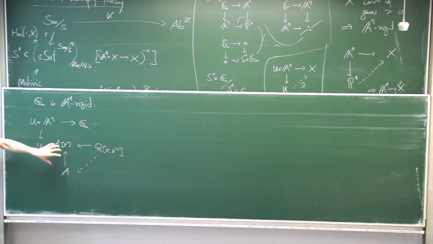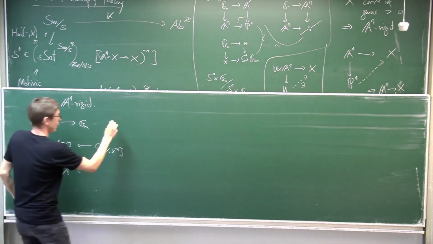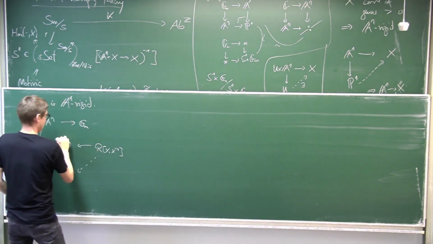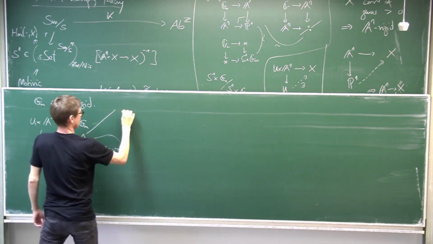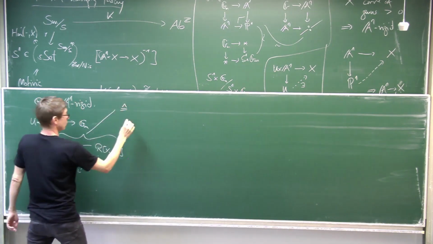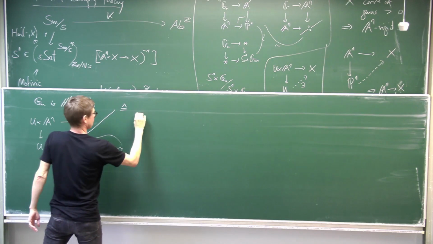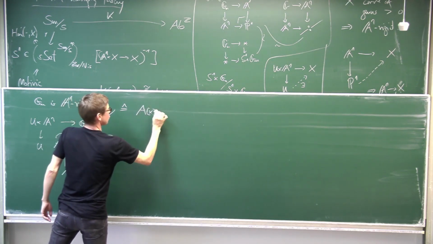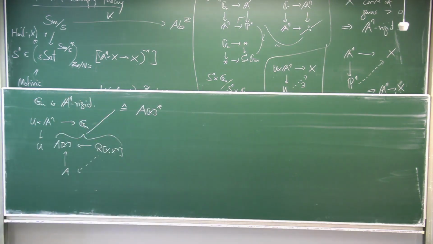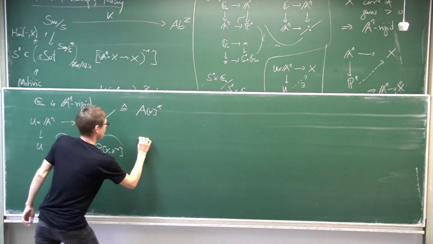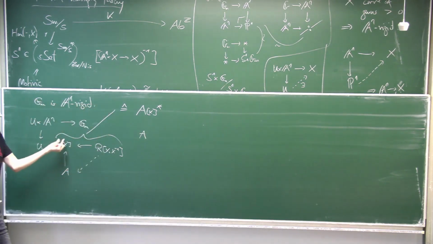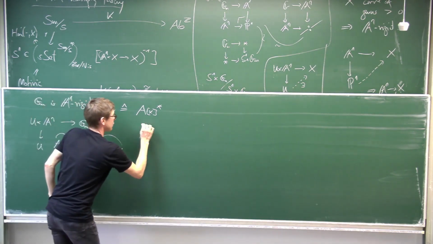Okay, but these maps here, they pick out the units in A[X], right? So this corresponds to a unit in A[X], and this would correspond to a unit in A. So what we want is that all the units here are actually units in A.